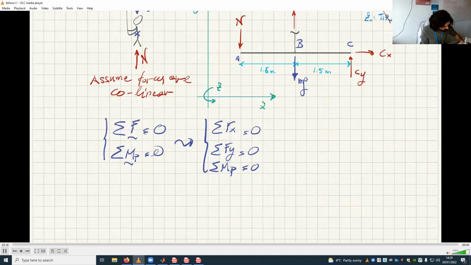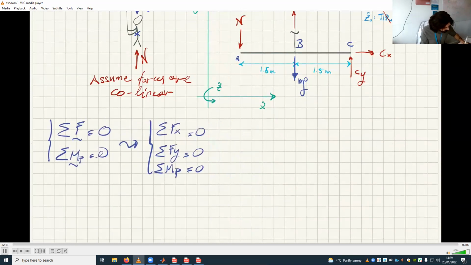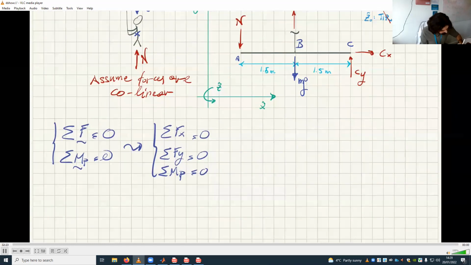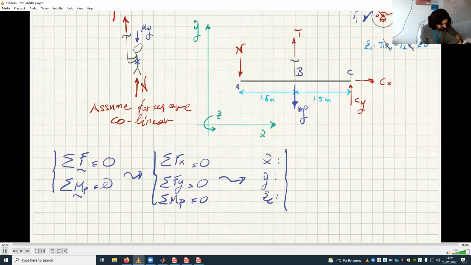So let's take this one, along X, along Y, and around Z, around point C in particular. Along the x-axis, we only have Cx, which I drew in the same direction as the x-axis. So it's positive Cx equal to 0.